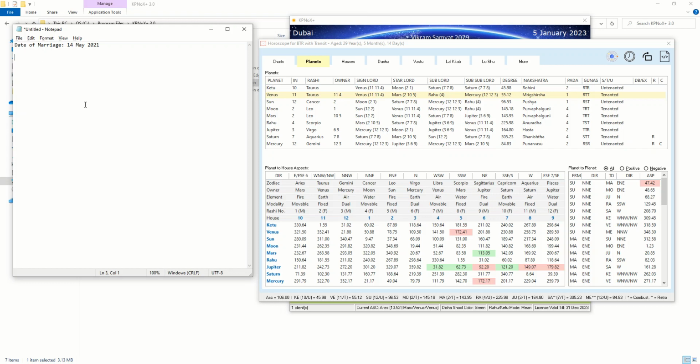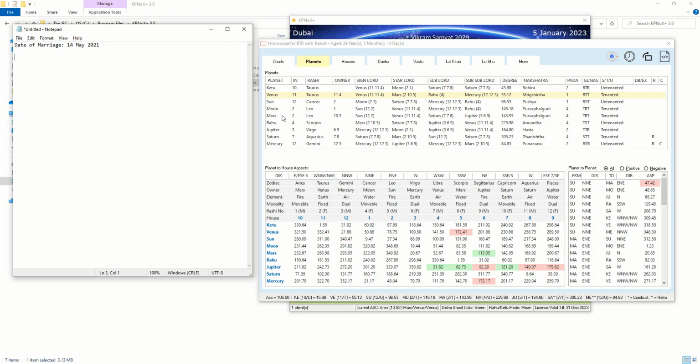You can pretty much use this concept for any event, but for this particular case study, I will show you with the date of marriage, which is 14th May 2021. The first thing you can consider is to make a list of planets which are capable of giving marriage. When we discuss marriage, we talk about houses 2, 7 and 11.